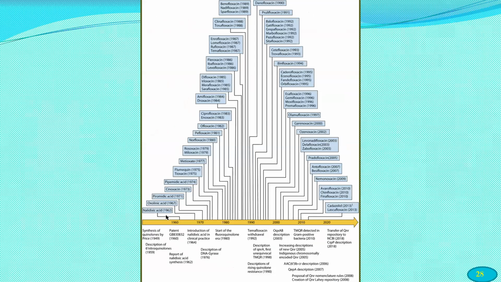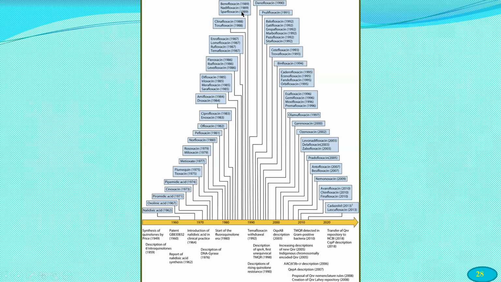So first in 1962, the nalidixic acid, then 1967 oxolinic acid, then starting from cinoxacin, pipemidic acid, then especially norfloxacin, and so on. So many newer drugs are there, and of course lomefloxacin and sparfloxacin.